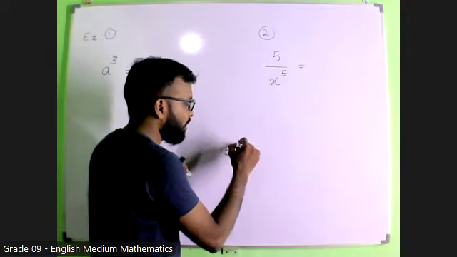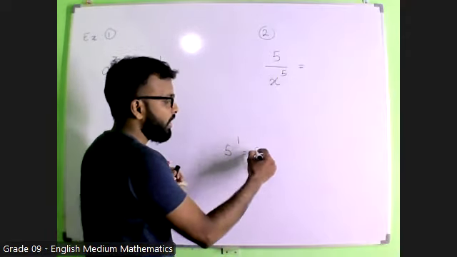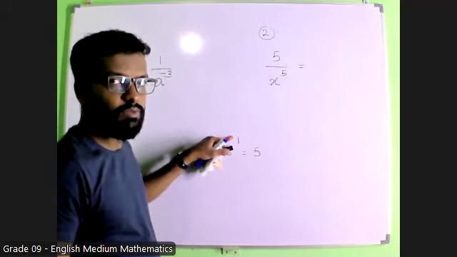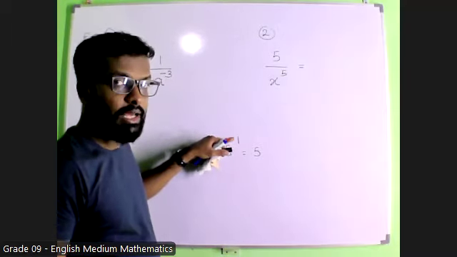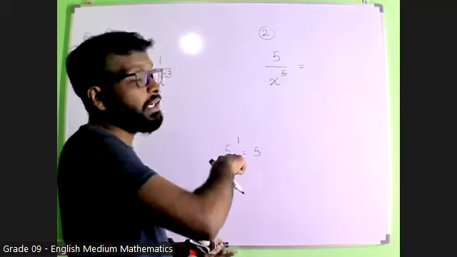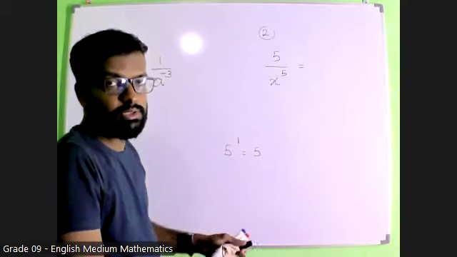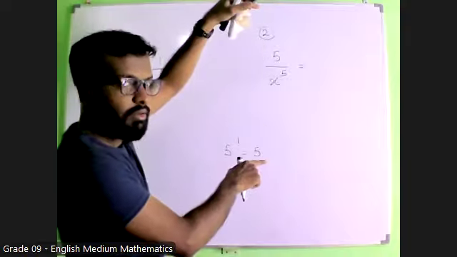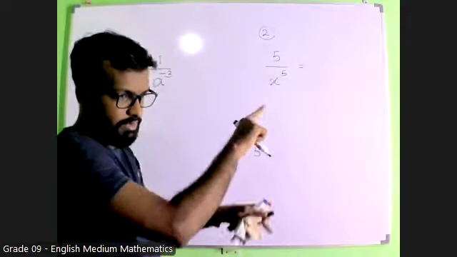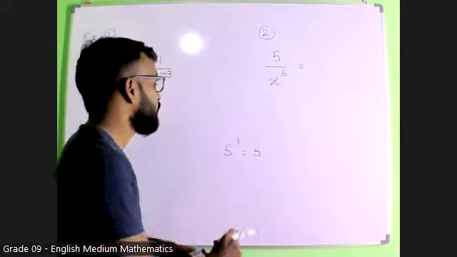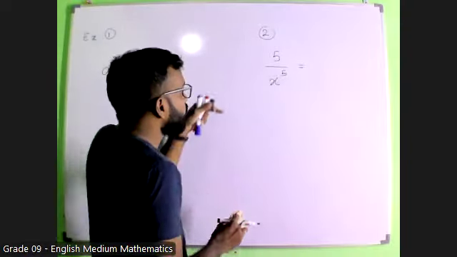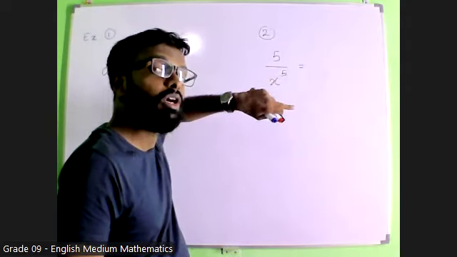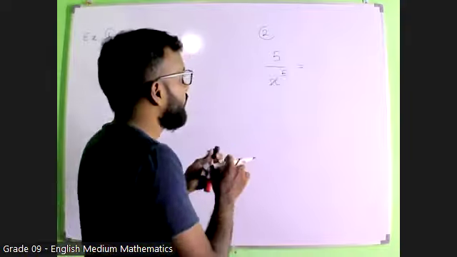Now 5 is 5 to the power 1. And if you want to convert it into a negative power, what happens? We need to turn it upside down, that means reciprocal. Now both of these are in positive mode, and we are going to convert them into negative.